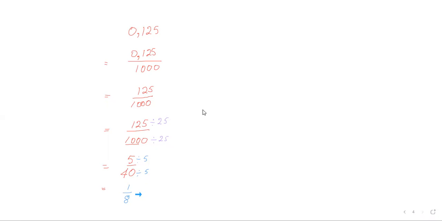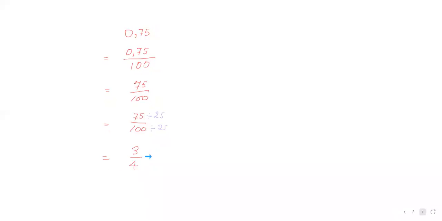Now, we have managed to move from a common fraction to a decimal, and from a decimal to a common fraction. Now let's see what happens if we have to express a fraction in terms of percentage.